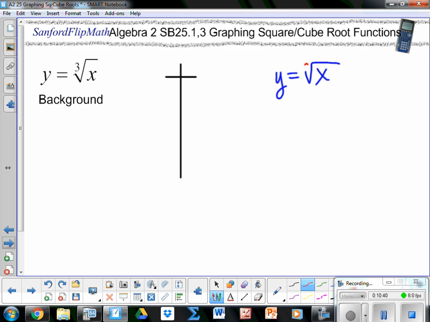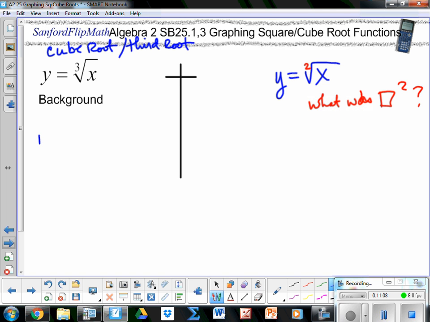But technically, you can pretend like there's a little 2 in there. So remember that this means what was squared. In other words, what was to the second power. Okay, well, this is called cube root, or it could be third root.